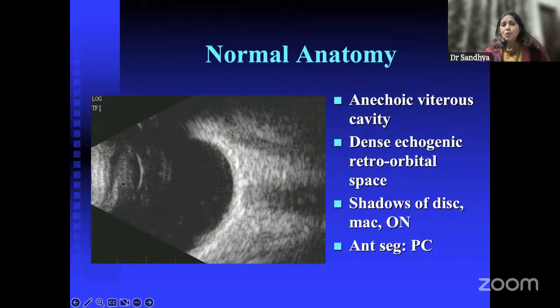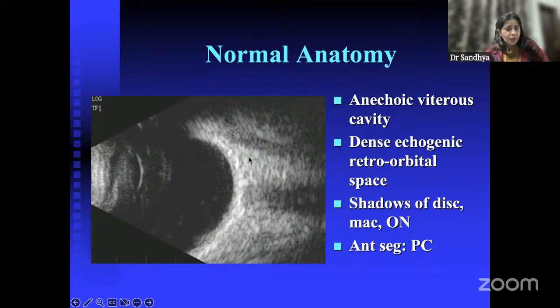If you want to see anterior things, probably you'll have to revert to an immersion scan. But once you're doing scans transclerally, directly over the sclera or through the lids, you are seeing only this posterior capsule and then beyond. This vitreous cavity is by and large anechoic. This is the scleral shadow that you are seeing.